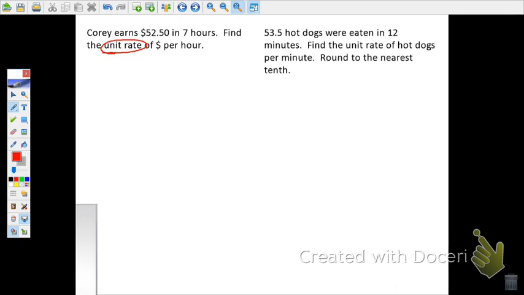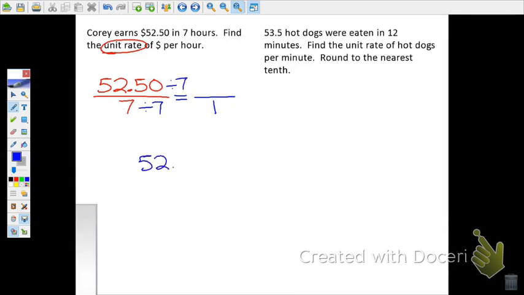So we're going to take that amount he earns, we're going to write it as a ratio, 52.50 over 7. We want to find the unit rate per hour. So for 1 hour, if we want the denominator to be 1, that means we're dividing by 7.